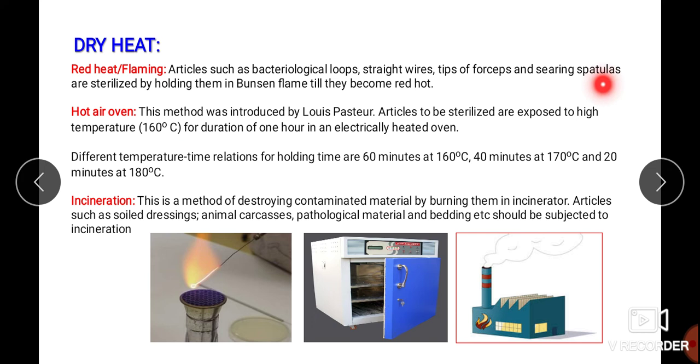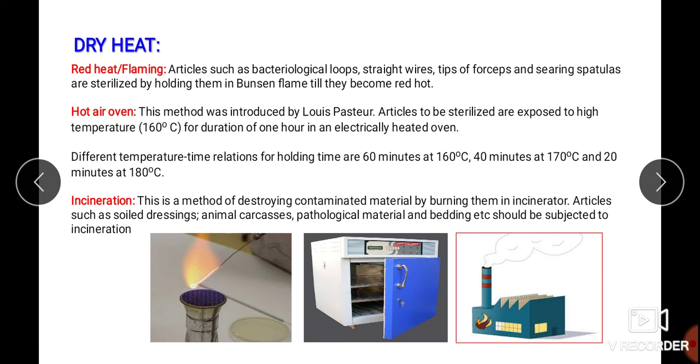Forceps and spatulas are also sterilized by flaming. In this technique we simply hold these utensils in a Bunsen flame till they become red hot.